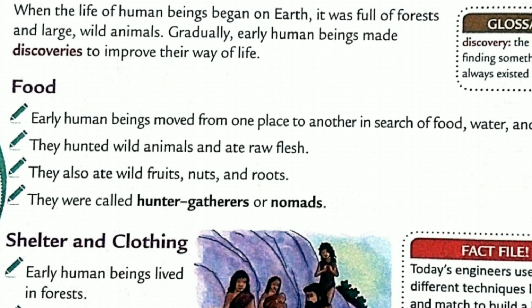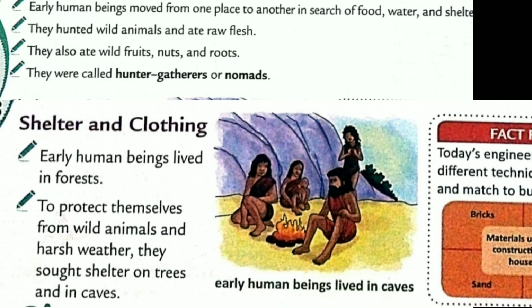Then the next topic, shelter and clothing. Early human beings lived in forests to protect themselves from wild animals and harsh weather. They sought shelter on trees and in caves.